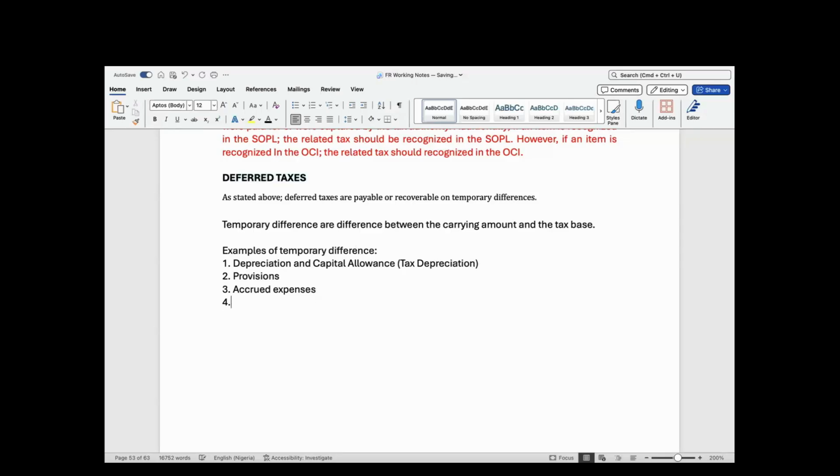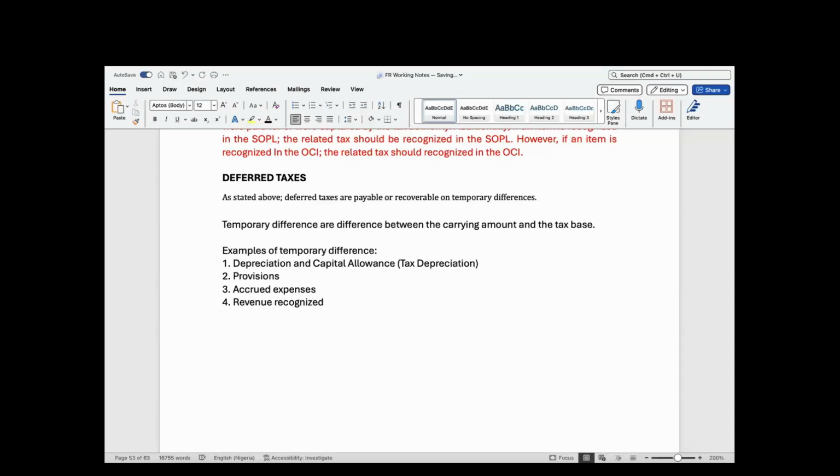Another one can also arise from accrued revenue, or revenue recognized on accrual basis. When I say revenue recognized on accrual basis, it means that you have not actually received the money. You have not received the money, but you have recognized the revenue, right?